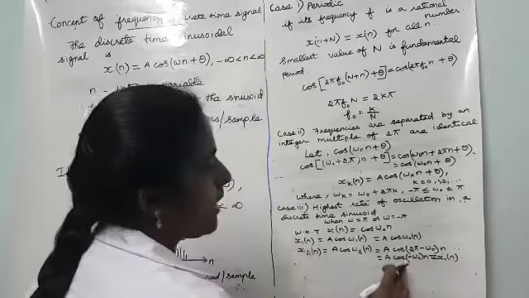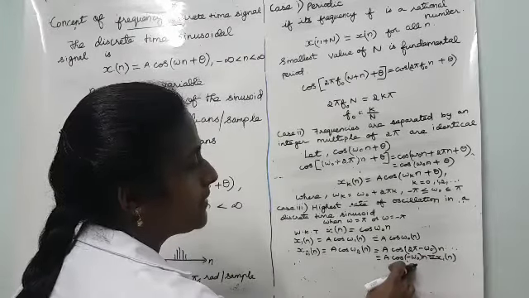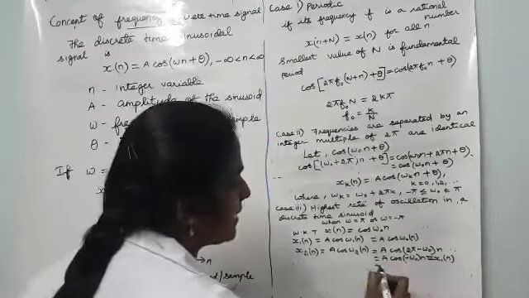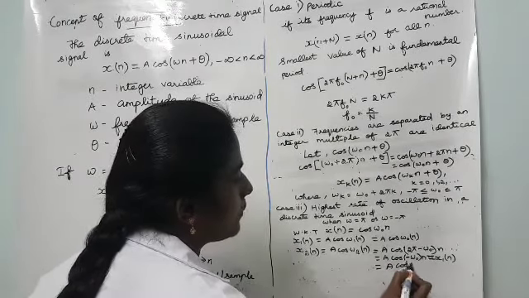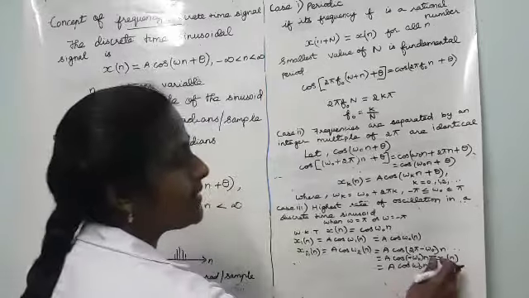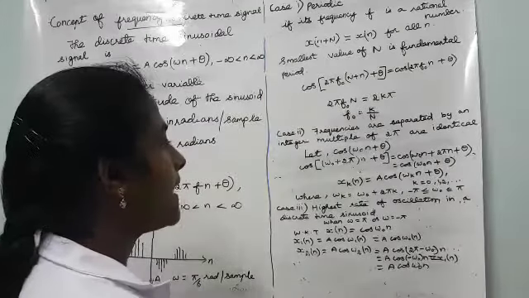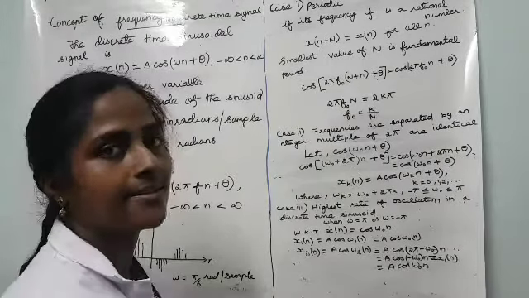Since cos of 2 pi n is 1, we get A cos(minus omega naught n). Cos of minus theta is cos theta, so we get A cos(omega naught n), that is equal to x of n. So the condition is satisfied. That's all. Thank you.